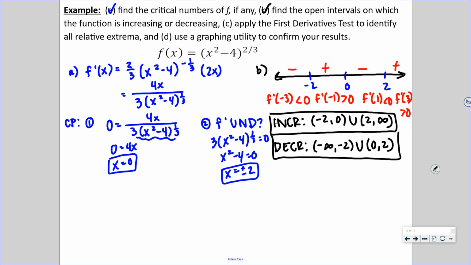Part C says, now apply the first derivative test to identify all relative extrema. So we can use our sign chart from part B. Let's go ahead and draw those pieces in. So it goes decreasing, increasing, decreasing, increasing. So I see that I have 2 relative mins, one right here at -2, one right here at +2.